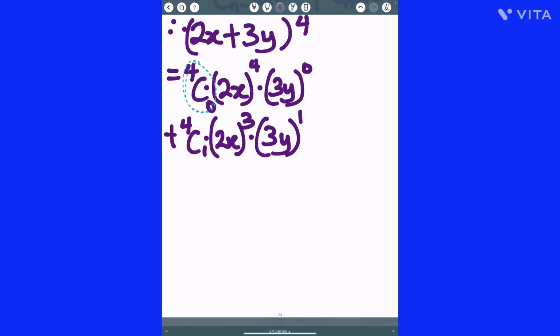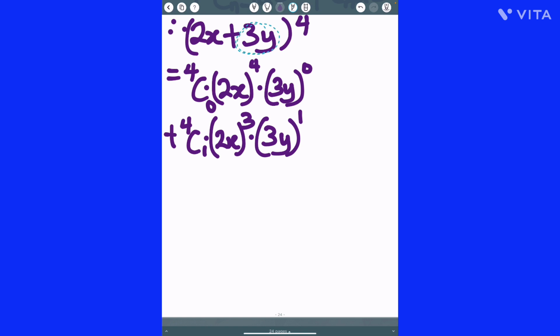4 combination 0 here. Take 2x, raise it to power 4 minus 0, 4. Then take 3y, raise it to power 0. Then for the second term, I'll have 4 combination 1, which is now n combination 1. Take 2x, raise it to power 4 minus 1, 3.